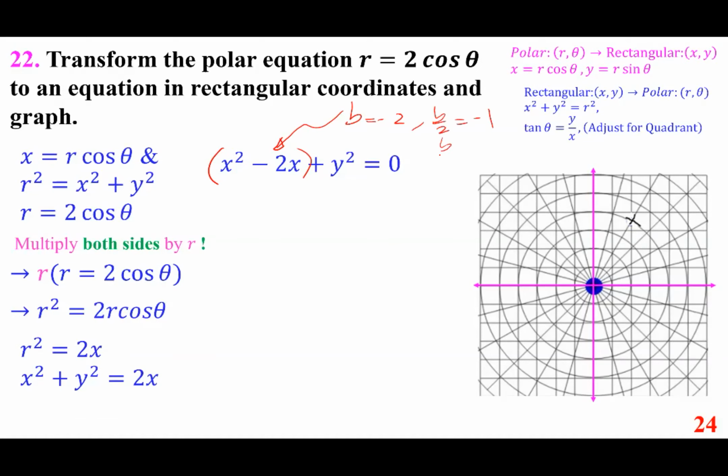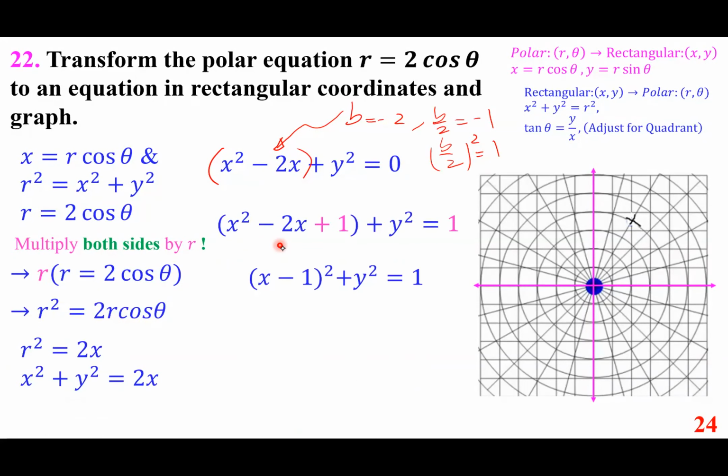Now square that, and you need to add 1 to both sides. This becomes x minus 1 quantity squared. That's the equation of a circle centered at 1, 0 with the radius 1.